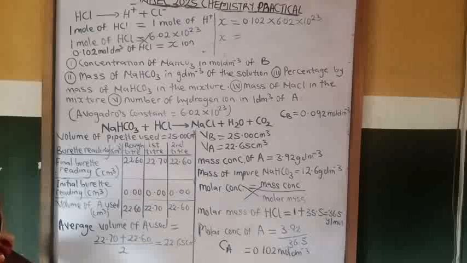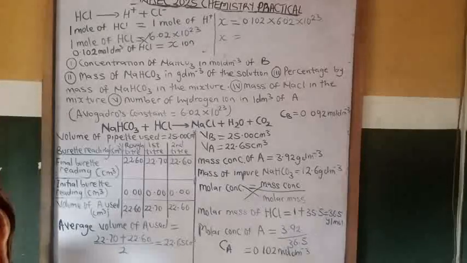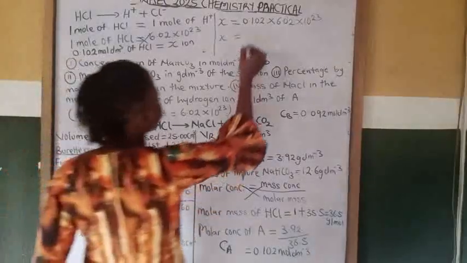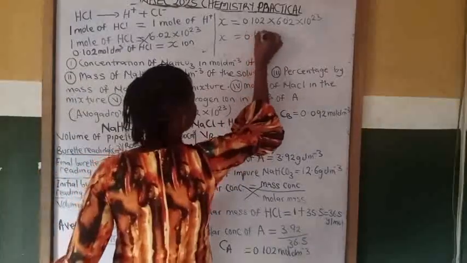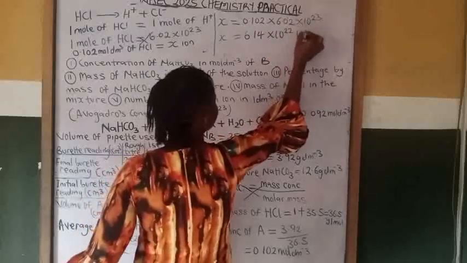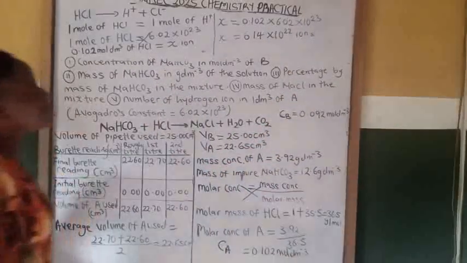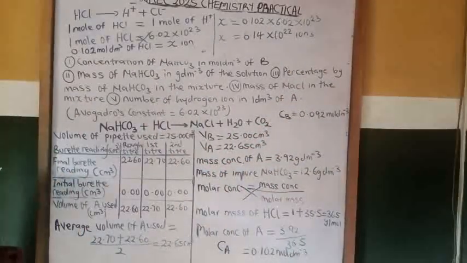It will give us 6.14 times 10 raised to the power 22 ions. So that is the number of hydrogen ion.